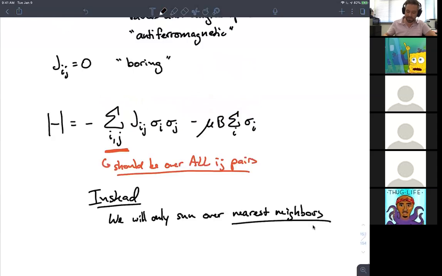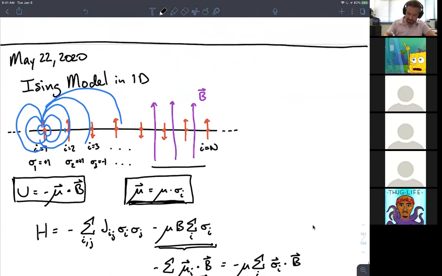So for example, when I'm talking about spin 2, I only need to worry about the interaction between spin 1 and spin 3, but I do not have to worry about anything any further from that. So I only sum over nearest neighbors.